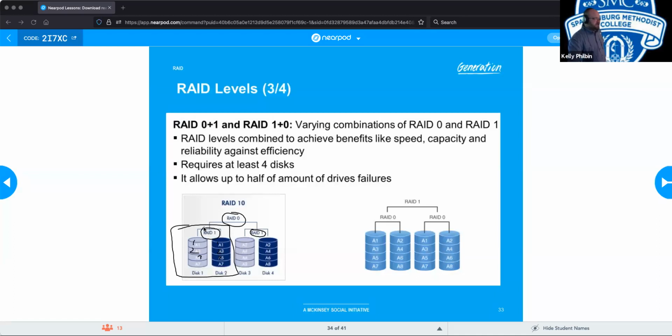And then it would stripe that data across 2 groups. This second group here, disks 3 and 4, you have bit 2, mirrored bit 2, bit 4, mirrored bit 4. So you have 2 sets of mirrors that are striped across each other. They call this a stripe of mirrors.